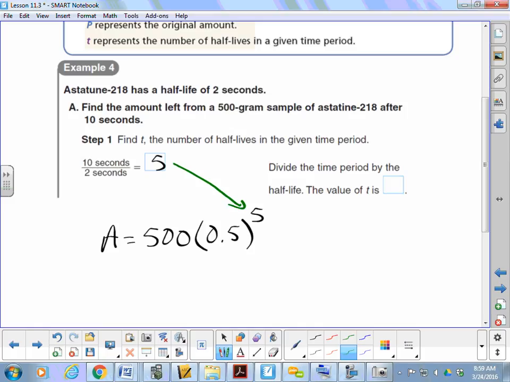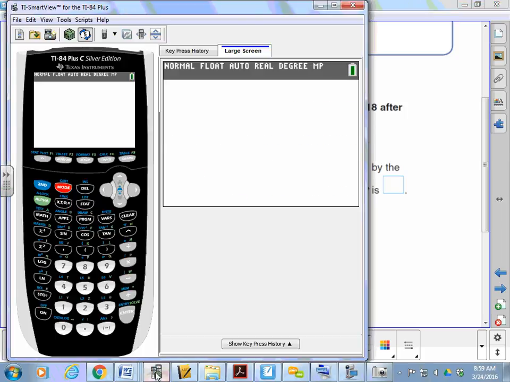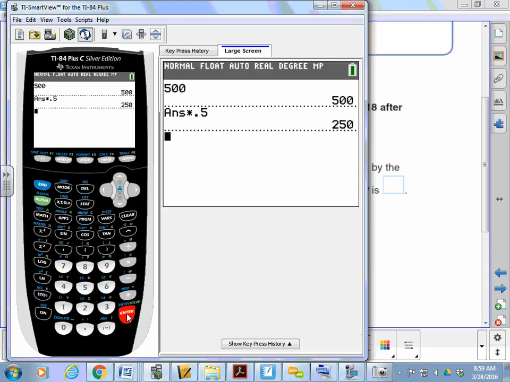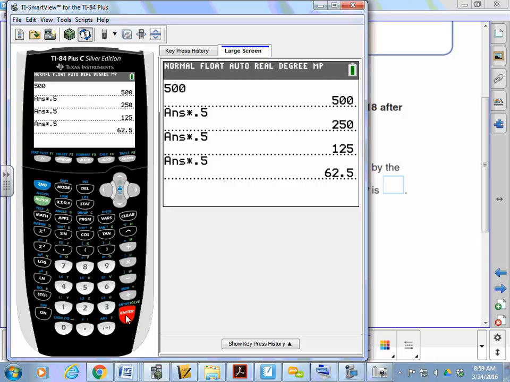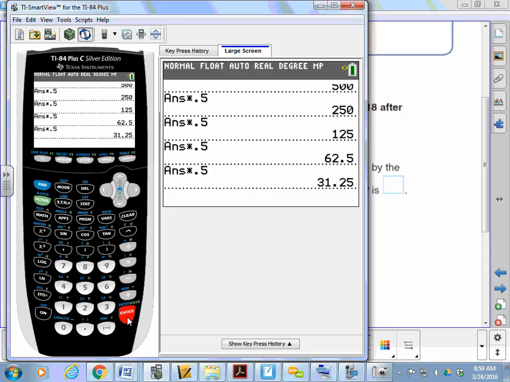Or, better yet, you take your calculator, you type in 500, and then you say times 0.5 once, twice, 3 times, 4 times, 5 times. So you don't even need to use a formula. Okay? All right? So they divide it in half once, twice, 3 times, 4 times, and 5 times.